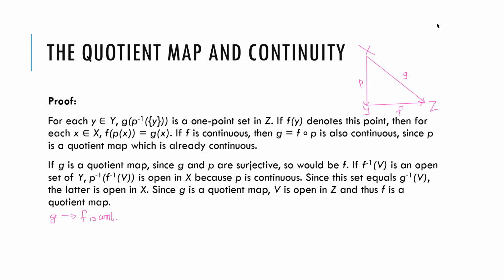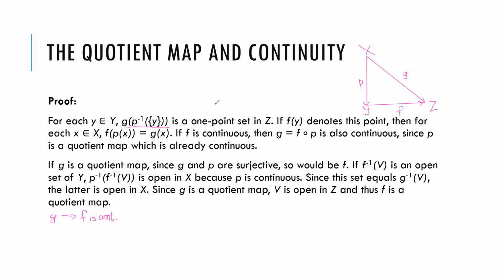Which of them is a quotient map, or are all of them quotient maps? P is a quotient map, and G is constant on each set P inverse of y. It's basically this thing: G of P inverse of y is a 1-point set in Z. Okay, gotcha.